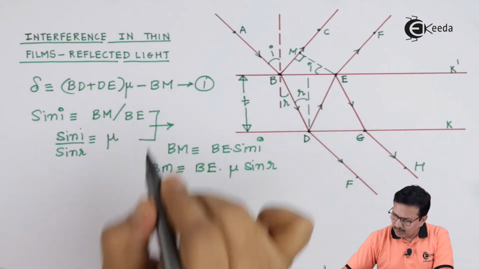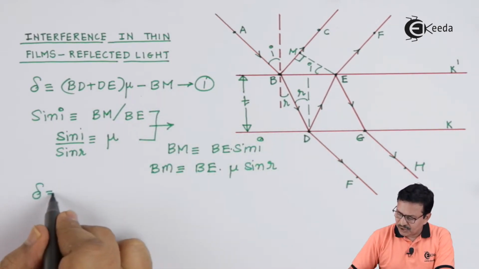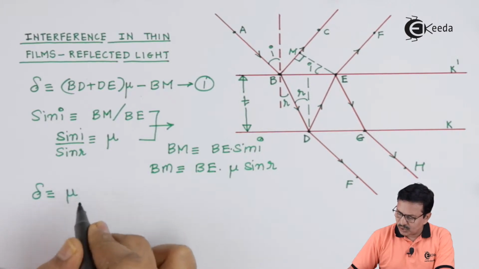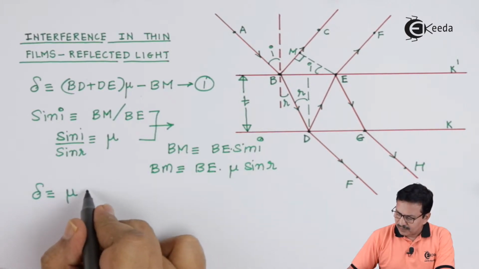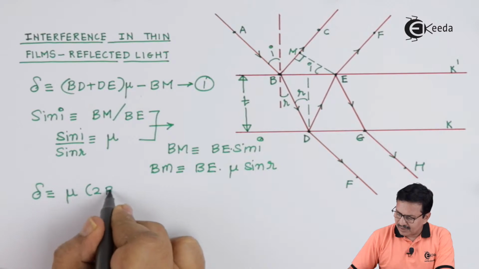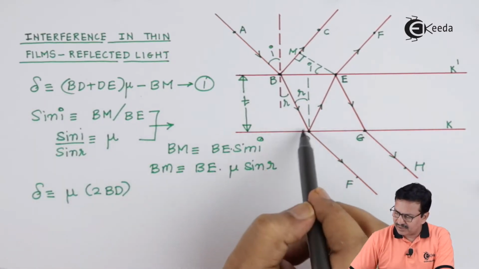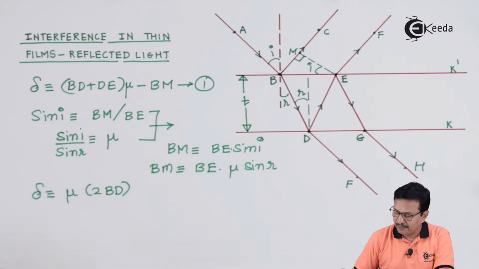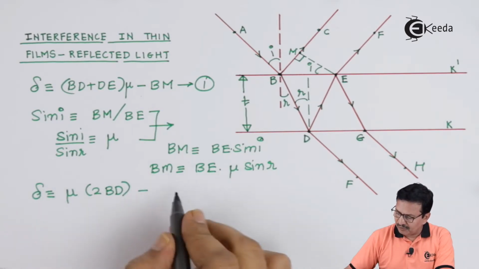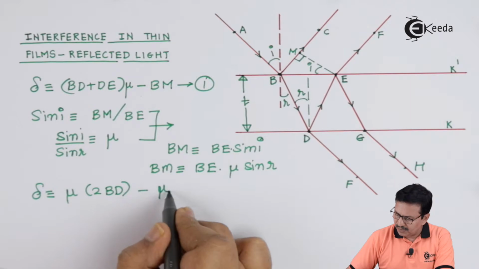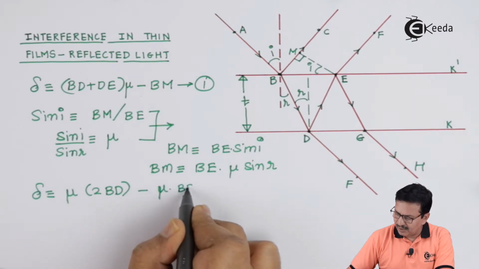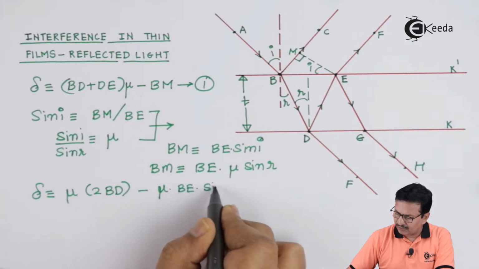So for the BM over here, I can substitute it. Delta is going to be equal to mu into twice BD, I am writing twice BD because this distance and this distance are the same, minus BM, which is equal to mu into BE into sine r.